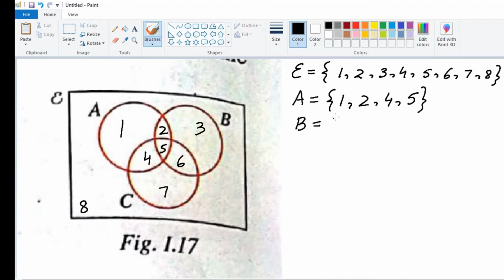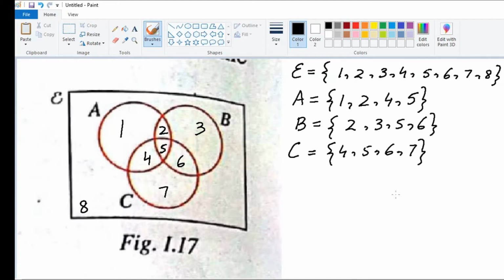Set B: you can see 2, 3, 5, and 6, always numerical in order. And C is 4, 5, 6, and 7. You have found out all of them: the universal set is here, set A is here, B is here, and C is here.